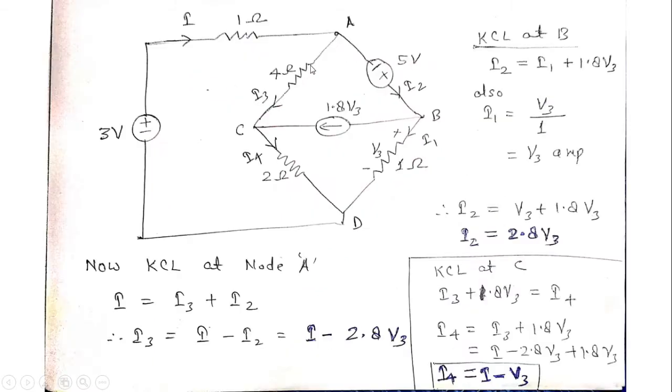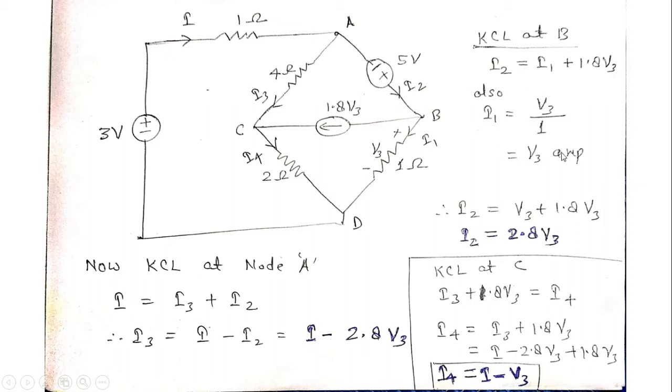Let's see the solution. I labeled this circuit with node A, node B, node D and node C, and the branch currents are I1, I2, I3 and I4. So let's find the current I2.